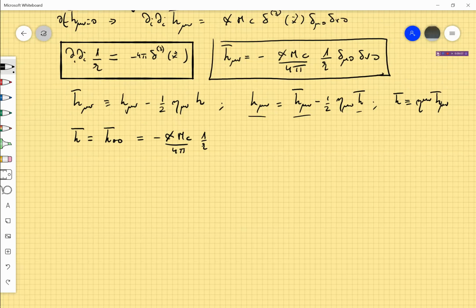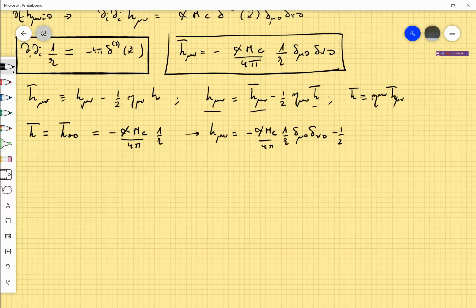Then we come here and we compute h mu nu, which is minus chi mc divided by 4 pi 1 over r delta mu 0 delta nu 0 minus half eta mu nu, and this is plus chi mc divided by 4 pi 1 over r.